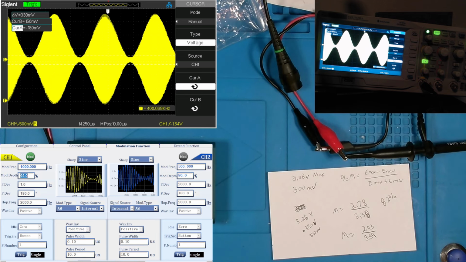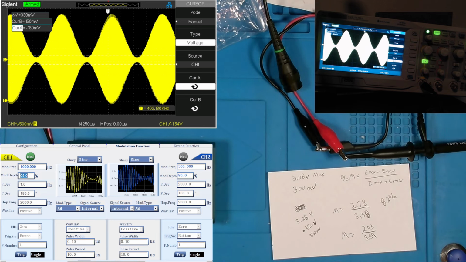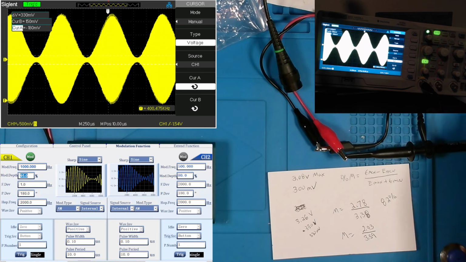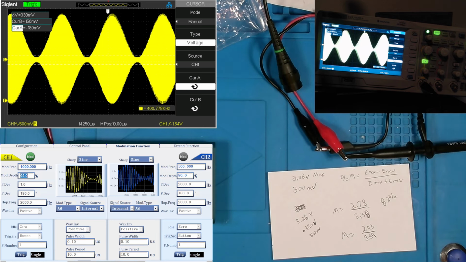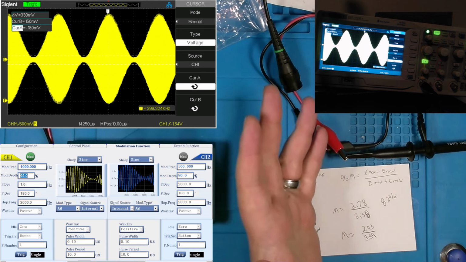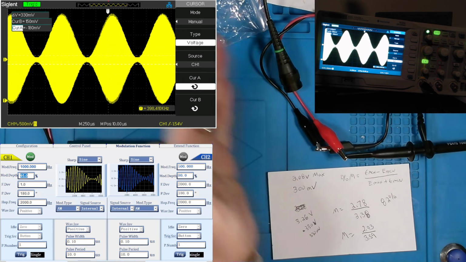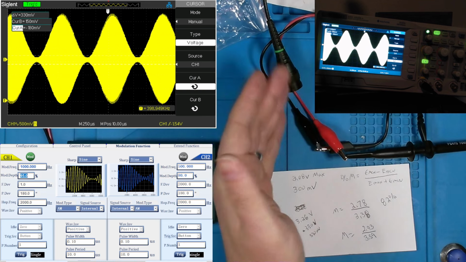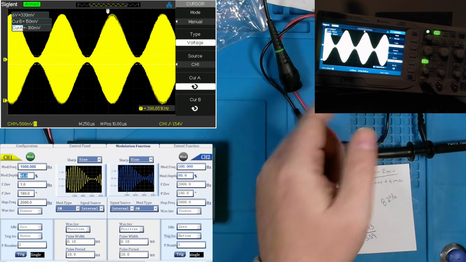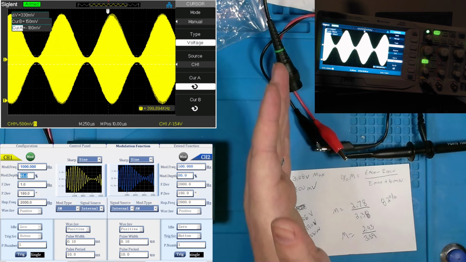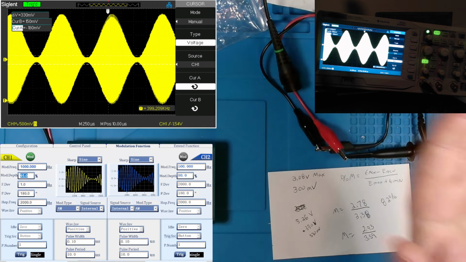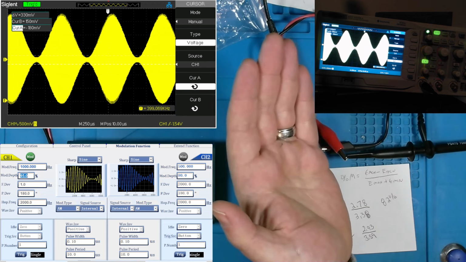Now, they do make modulation meters that can tell you what your modulation is at. And basically, those modulation meters will spit you out an indication of 80 or 90 or whatever percentage, right? But again, why would we want to look at this on our oscope?